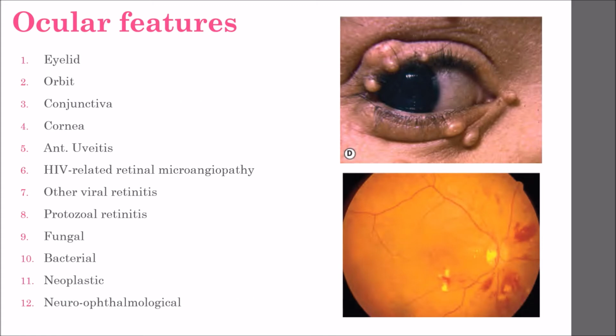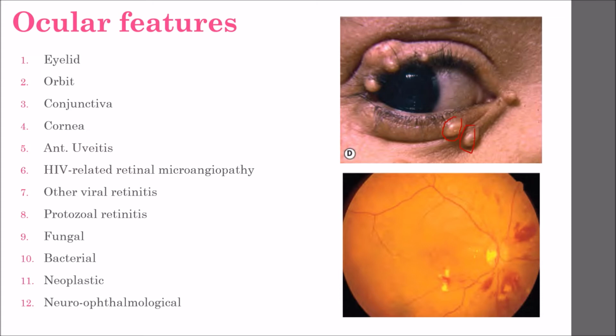Now, we are going from anterior to the posterior segment. So first of all, eyelid, there would be blepharitis and multiple molluscum lesions. Immunocompetent patients also present with molluscum lesions, but they are not as widely spread as in a patient with immunodeficiency or AIDS patient.